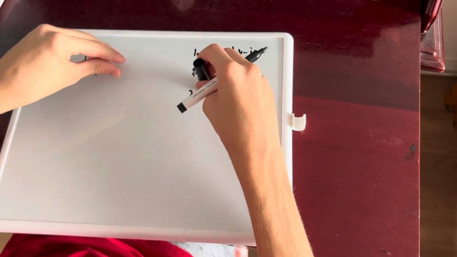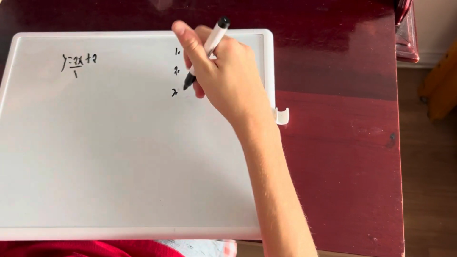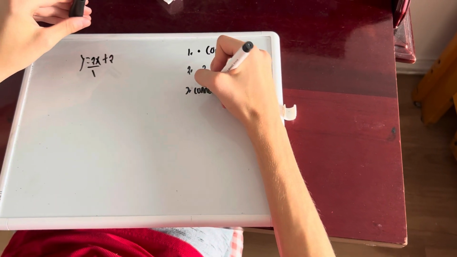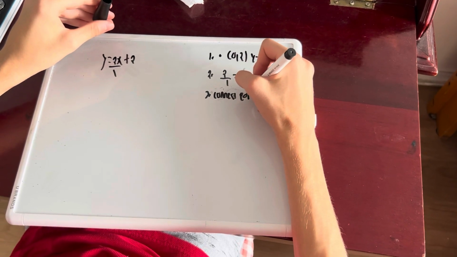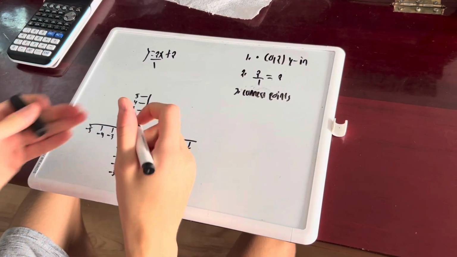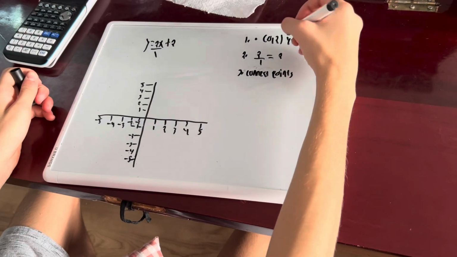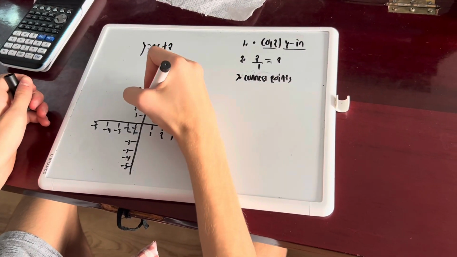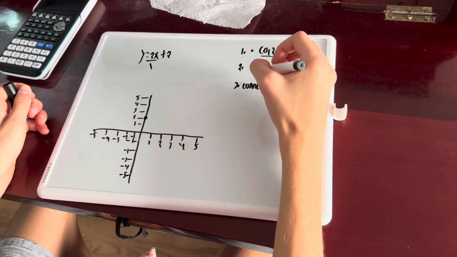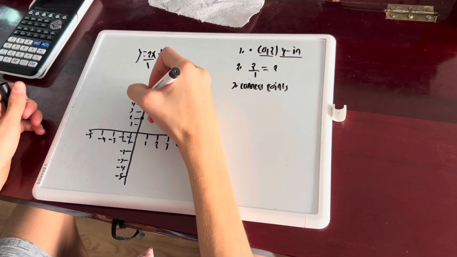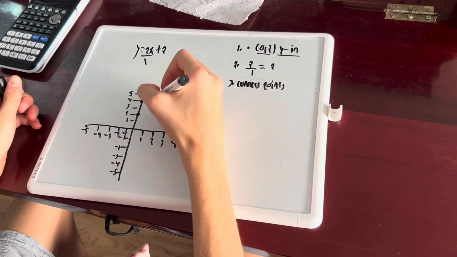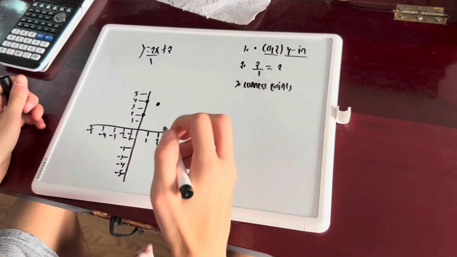So we have our coordinate plane. First we found the y-intercept, so it will be right here. Slope, meaning that we go up 2 and 1 to the right. So this would be the point.